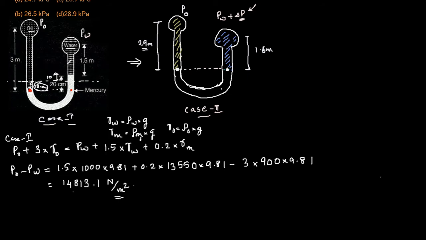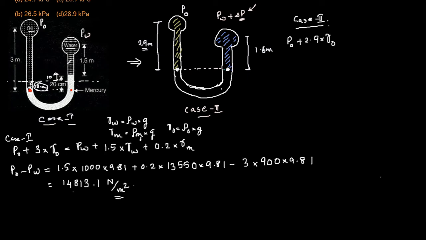And now we will try to formulate the equation for case 2. For case 2, we will try to compare the pressure at these 2 points. So it will be the same. At this level, for the left limb, it will be P0 plus 2.9 into specific gravity of oil.